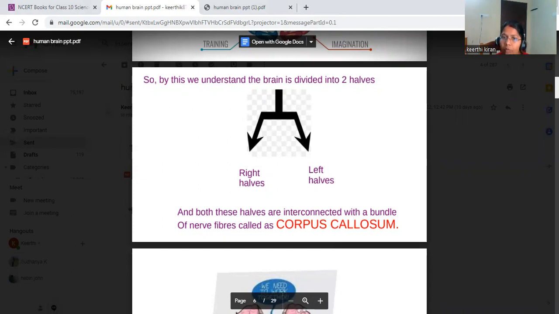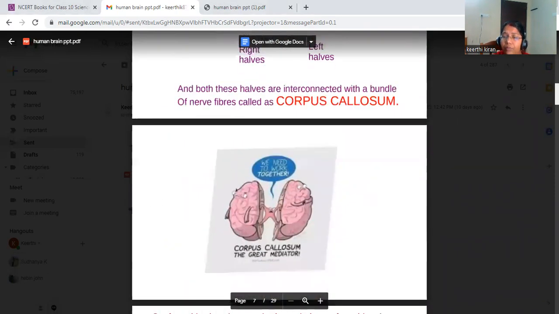Both halves of the brain are interconnected by a bundle of nerves called the corpus callosum. This bundle of nerves passes messages from the right side to the left side and back. So the corpus callosum is a bundle of nerves which connects both halves, the right half and the left half.